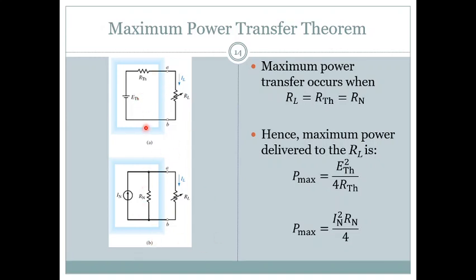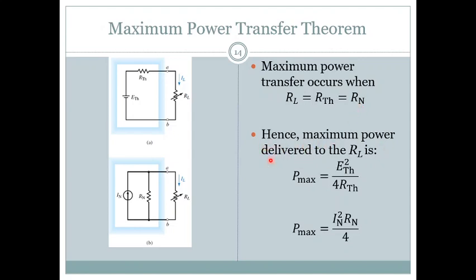Consider these two cases, whether you convert the circuit to a Thévenin's equivalent or to a Norton's equivalent. When RL is exactly equal to RTH or RN, the maximum power will be transferred to the load. Both are the same. We saw that earlier.